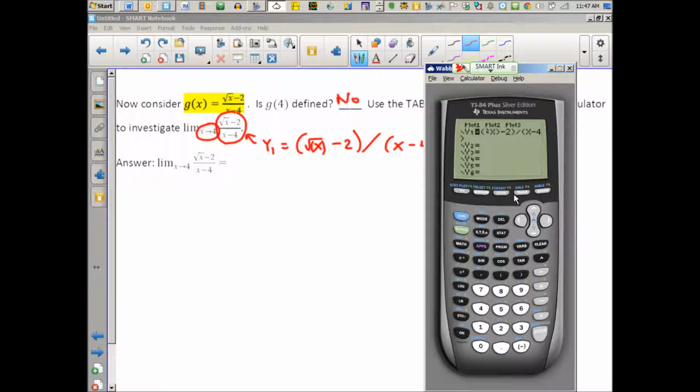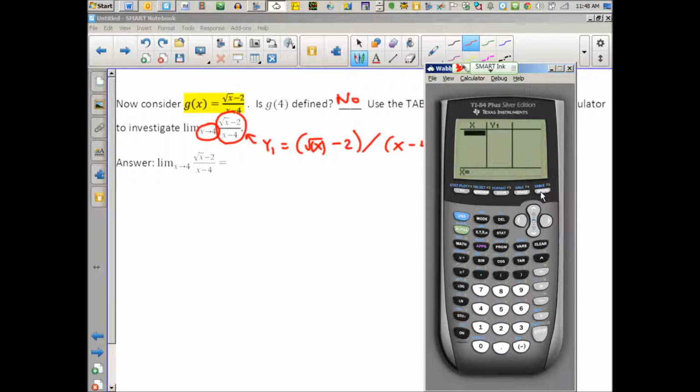And we're not graphing, we're going to do a table again. Except I think I typed it wrong. Yes, I put square x, I meant to put square root of x. There we go. Okay, so in my table, notice I'm not studying 2.9 and so forth. I'm studying numbers near 4.